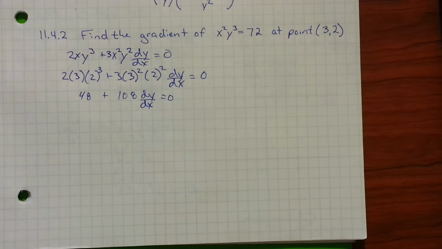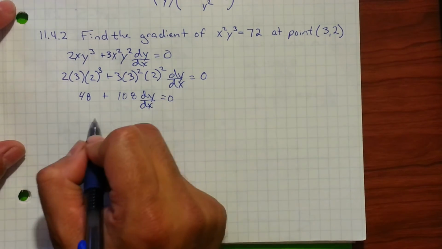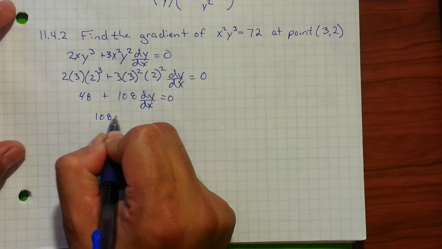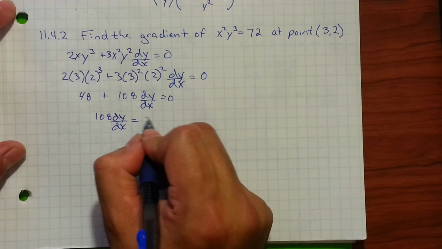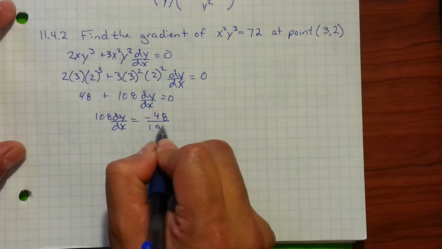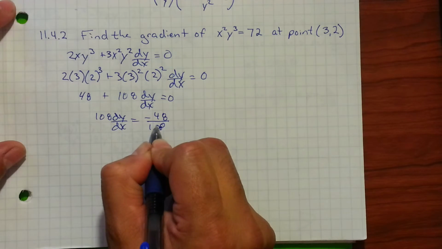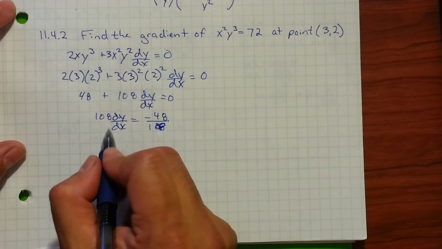And so for the next part here, let's go ahead and try and get that over to the other side of the equation. So I'm going to take this, move it over here, so I get 108 dy/dx is equal to negative 48. Divide both sides by 108.